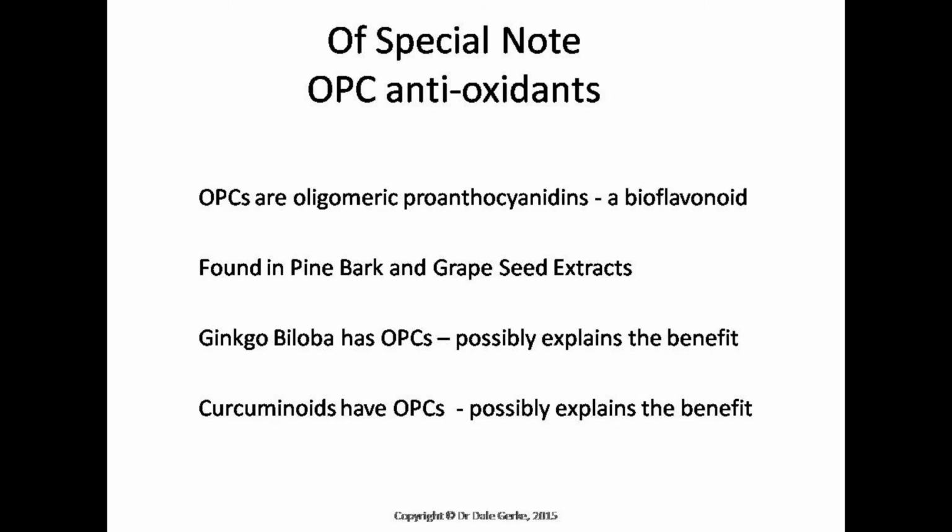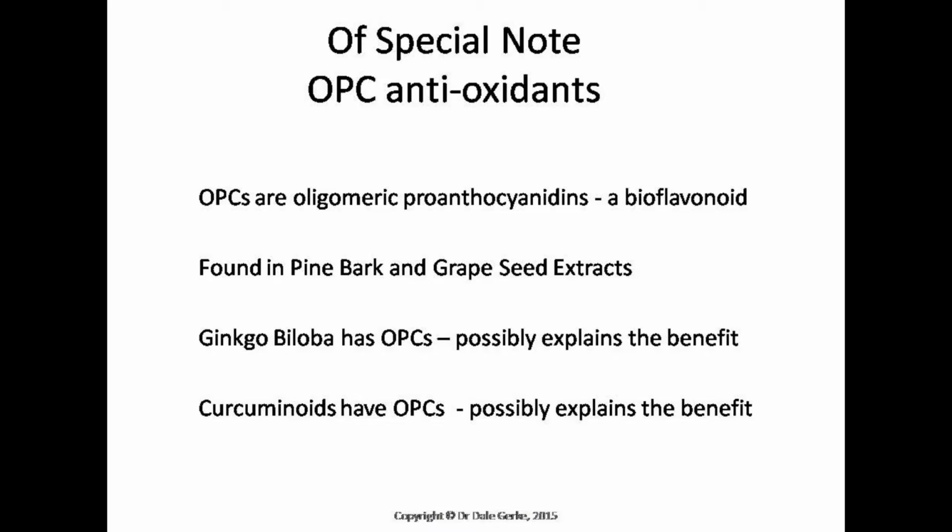Now, I'd like to raise the issue of OPCs. OPCs are a special class of antioxidants, a very powerful class of antioxidants. OPC is short for oligomeric proanthocyanidin, which is a bioflavonoid. It's a pretty big word, so we use OPCs for short. OPCs come from pine bark and grapeseed extract.